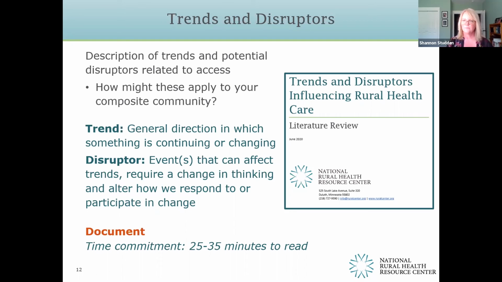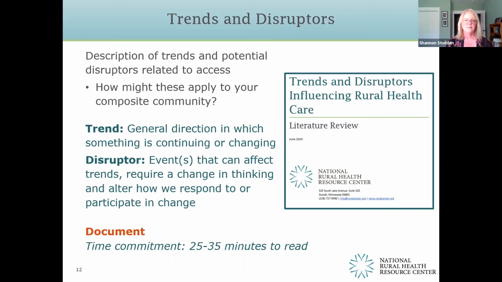There are a lot of different ways that we're imagining delivering care now and in the future, and so that might be considered a disruptor. Again, not a really clear line between the two, but that's generally how we're thinking about it.